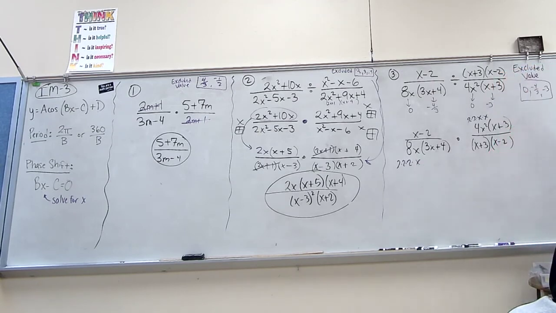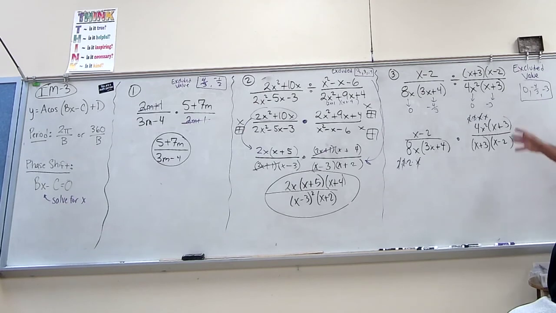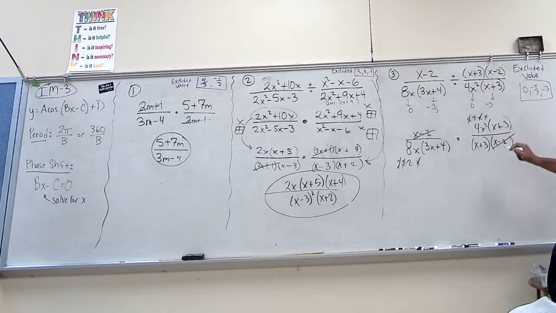Alright, so now let's start with that. The 2, 2, 2s and the x's. Which ones cancel out? Or how many? Two 2s. How about the x? Just 1x. How about the other factors? x minus 2. We got x minus 2, anything else? x plus 3.